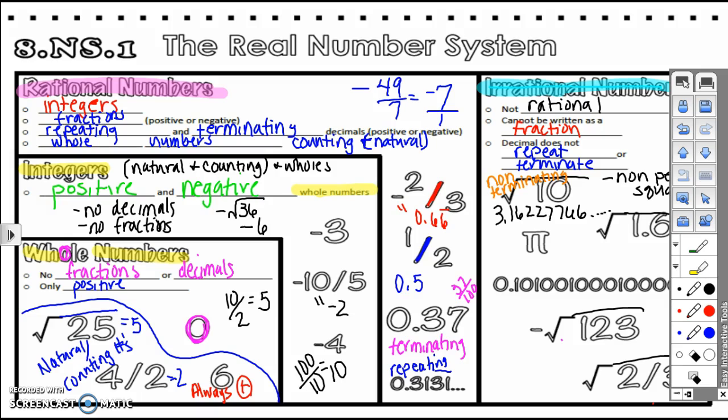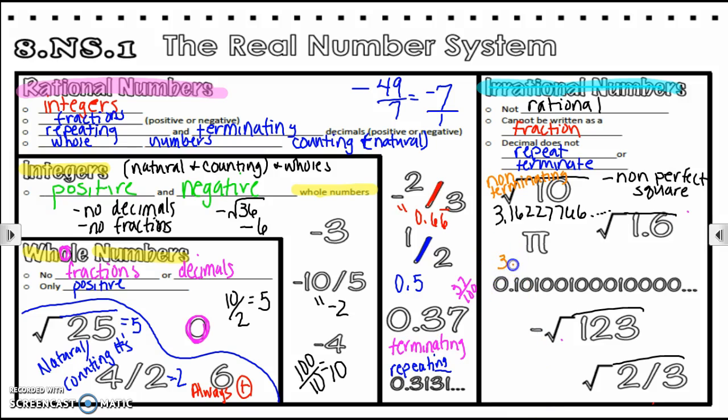So pi, let's take a look at pi. Pi is one of the most famous irrational numbers. And we know that pi is approximately 3.141592654, so on and so forth. That's a non-repeating, non-terminating number, therefore it's irrational.